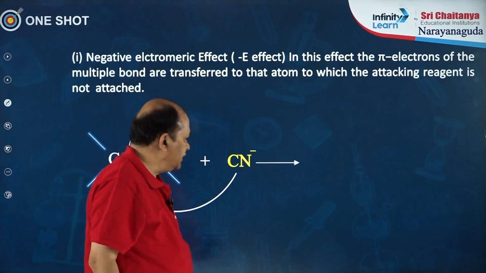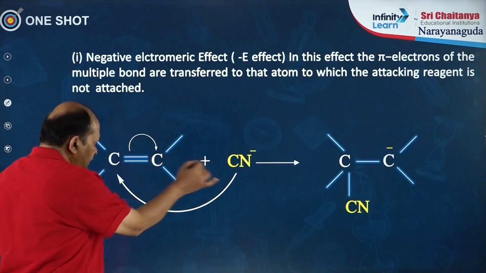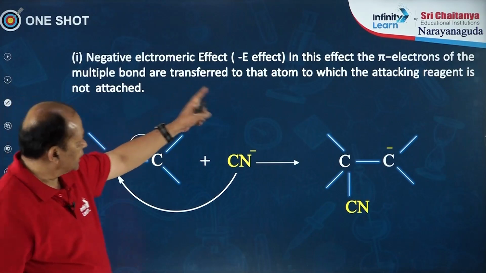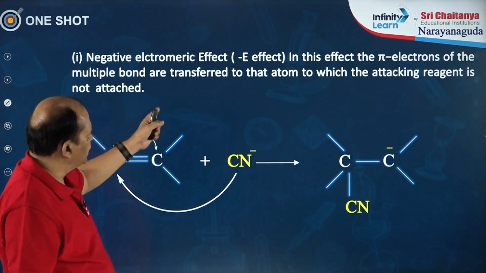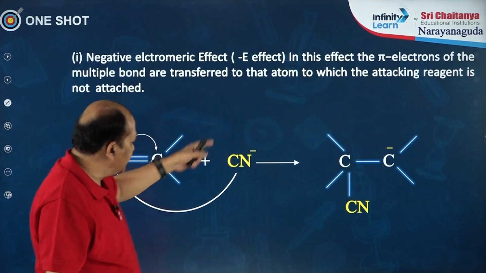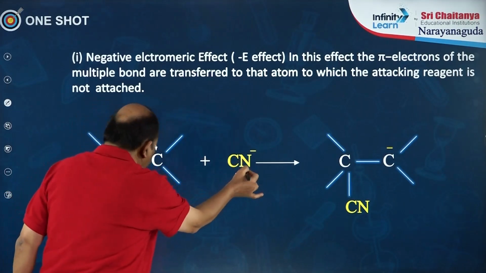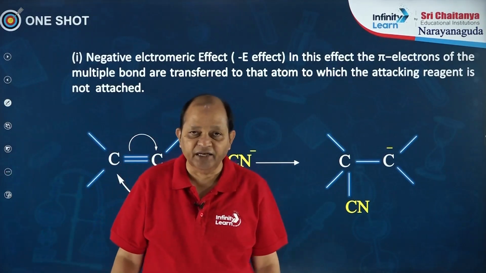You can clearly see that the polarization is onto one carbon, and the attacking reagent is bonded to the next carbon. So again, in this effect pi electrons of the multiple bond are transferred to that atom to which the attacking reagent is not bonded. The electrons are transferred to this atom and the reagent is bonded to the other carbon atom. So this is nothing but the minus E effect.